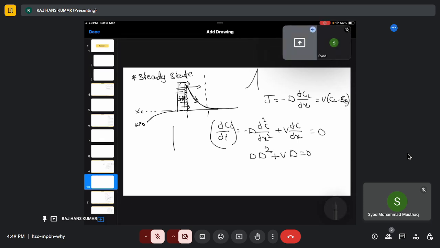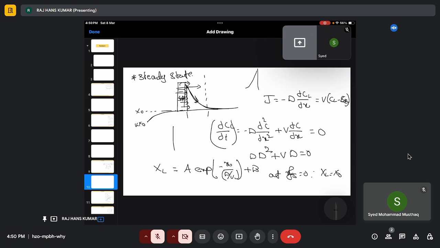Then we will easily arrive at the empirical formula: exponential of minus x D by v plus b. Right? Again, at first, at fs equals to 0, xl equals to x naught.